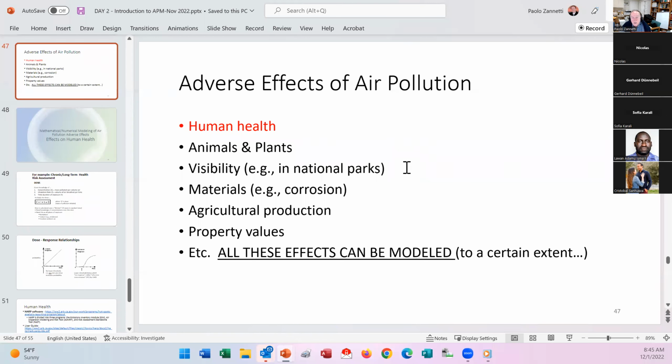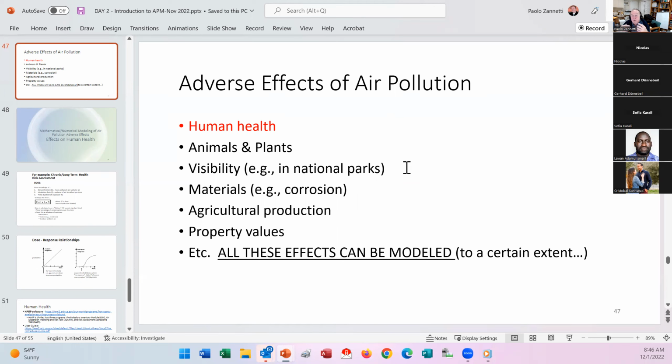And all these adverse effects can be modeled to a certain extent. The reason I say to a certain extent is that transport and diffusion of chemicals in the atmosphere has some uncertainties. Then when you move to other phenomena like deposition, you have even more uncertainties.